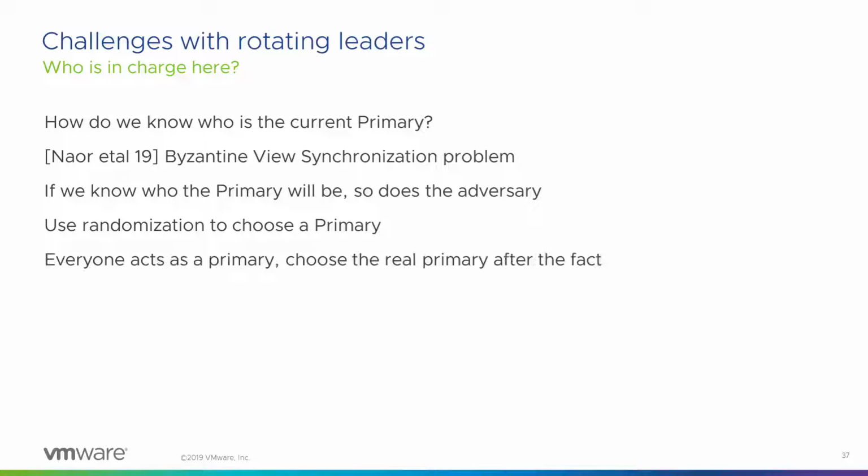And so this more complicated approach is basically to hide the primary. The way you could hide the primary is by having everybody act as if they were the primary, and only in hindsight you elect one guy to be the actual primary, and everybody else is actually a decoy. So this really gives the adversary a hard time because it can't guess who was the real primary and who's the decoy. Right? This gives you adaptive security.